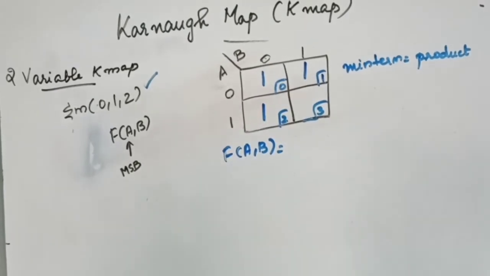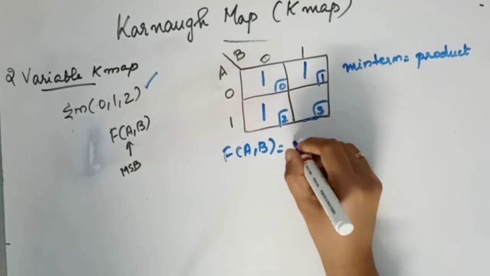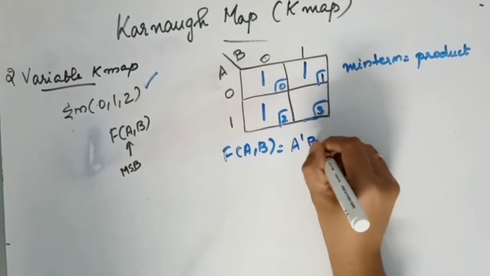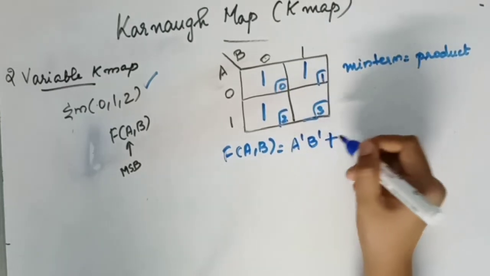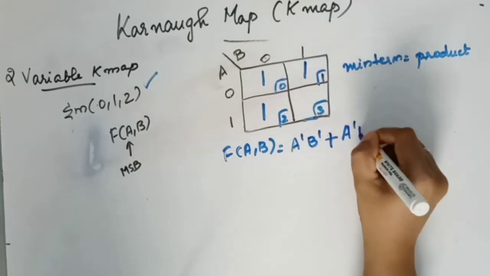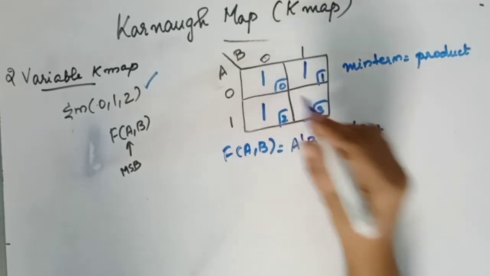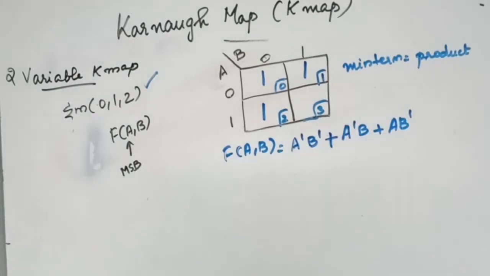Sum of minterms means sum of product. Now what are the products? 0, 0. That is A bar B bar, first one, plus A bar B plus AB bar. So this is my actual question.